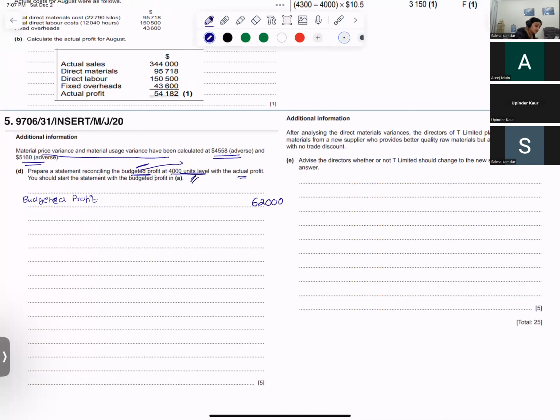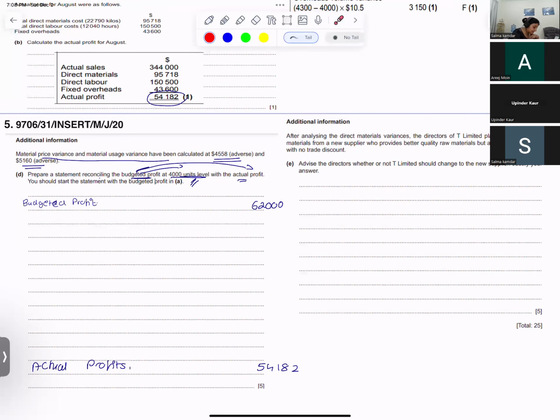You will start with budgeted profits and you have to reach actual profits. So what is the actual profit? What is your actual profit? 54,182.